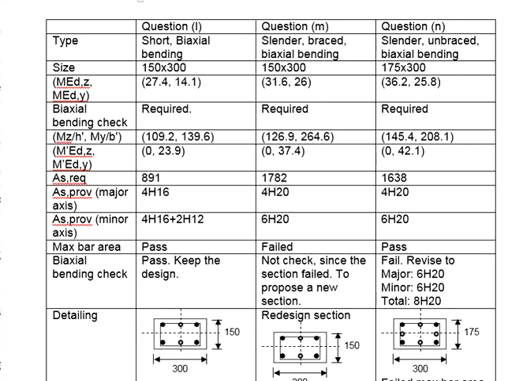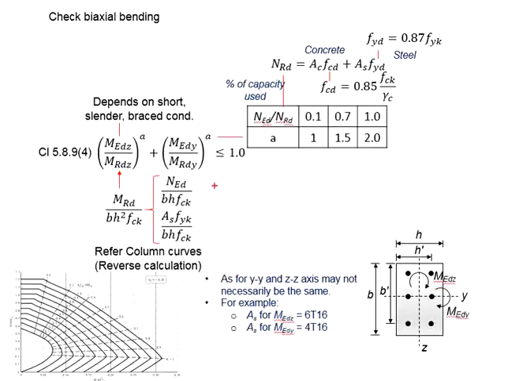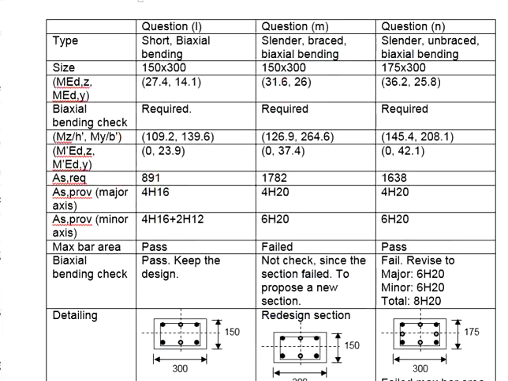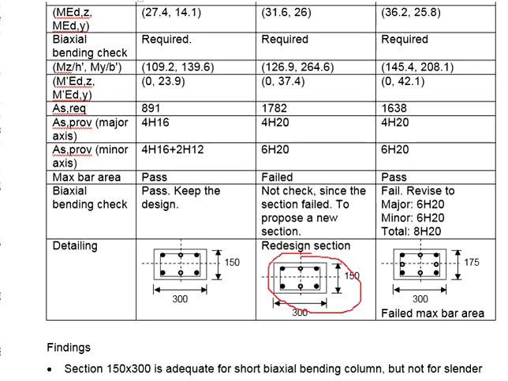Since you know that the column is going to fail, you don't have to check for the biaxial bending anymore. There is no point, even though this one passed, since you are not allowed to have the reinforcement bar exceeding the maximum bar area. Ultimately, this layout of reinforcement bar cannot be used, and you need to redesign the section.